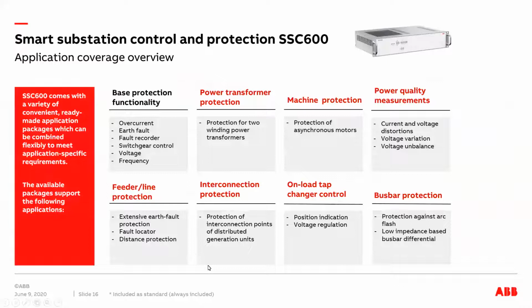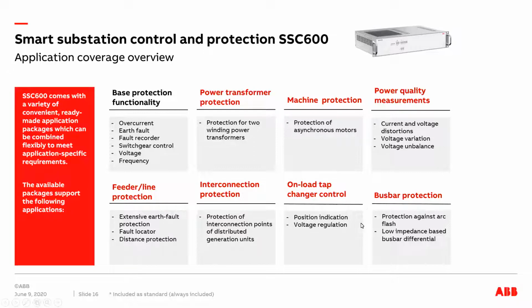So again, here is a little more detailed view of what protection packages can be loaded on SSC 600. It again comes with the base protection functionality, and on top of that, we can add power transformer protection, machine protection, power quality measurements, feeder or line protection, including distance protection, and interconnection protection for DER, distributed energy resources, tap changer control, and busbar protection.